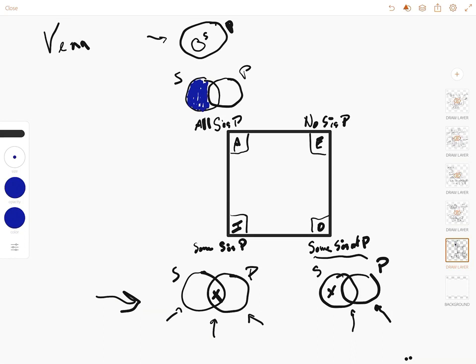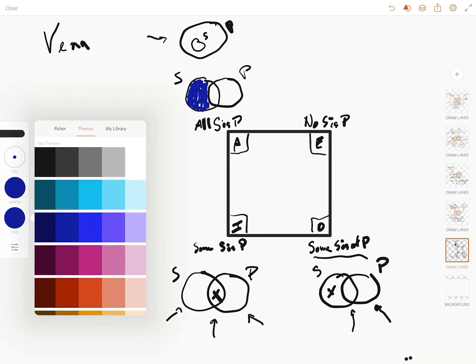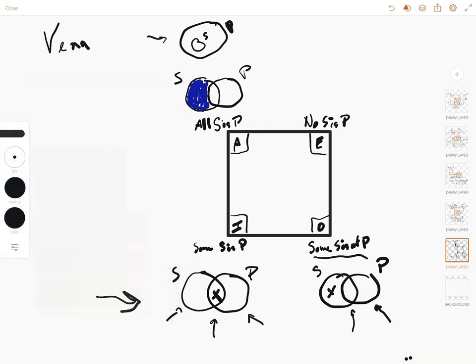You will see that the shading now actually makes basically the same diagram as this informal diagram, except now it's much easier to compare between the universal diagram and the particular diagram because they start with the same empty schema.